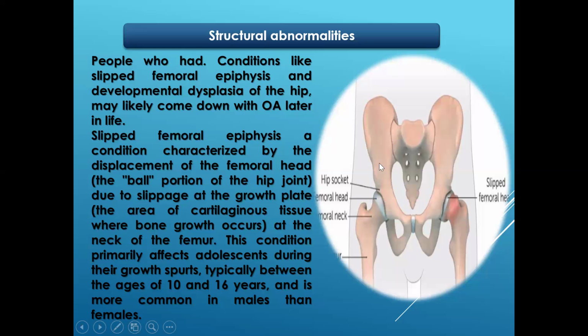So when someone had this condition before, the person may likely come down with osteoarthritis later in life. However, the exact cause of SCFE is not completely understood, but it is believed to involve a combination of mechanical and hormonal factors. So when a person has this structural abnormality, the person has higher chances of coming down with osteoarthritis.